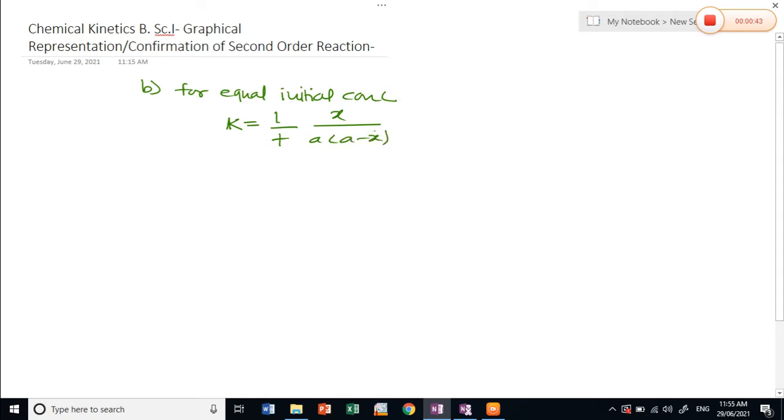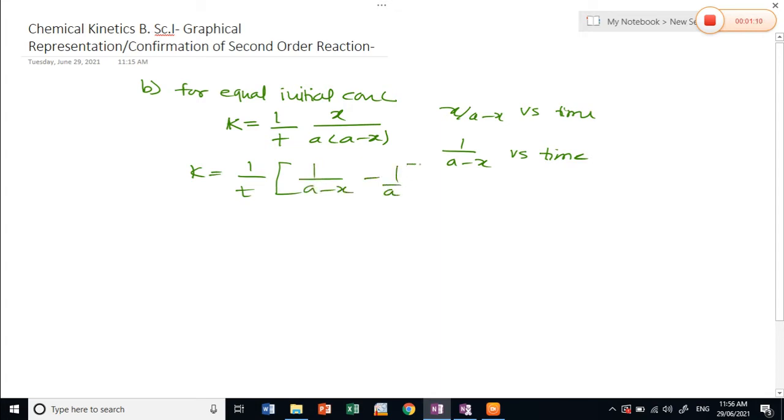Previously we have plotted x divided by (a minus x) versus time. Okay, but now we have to plot 1 upon (a minus x) versus time. So for this we have to transform this equation in some specified form. So therefore we will transform like this: k is equal to 1 upon t into 1 upon (a minus x) minus 1 upon a.